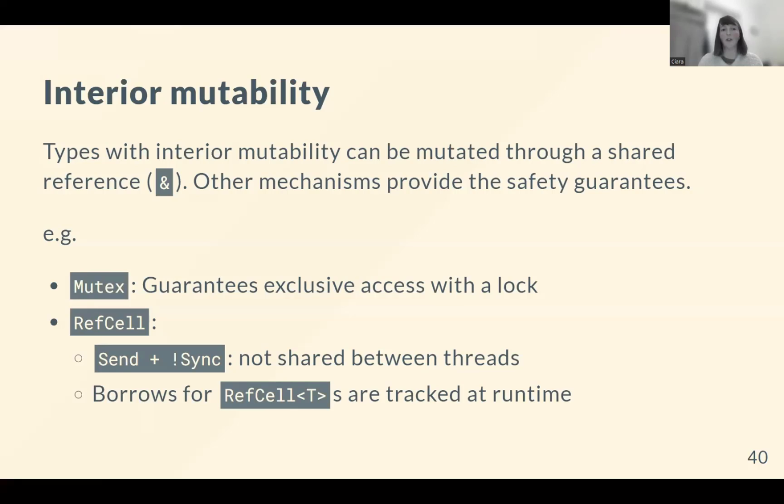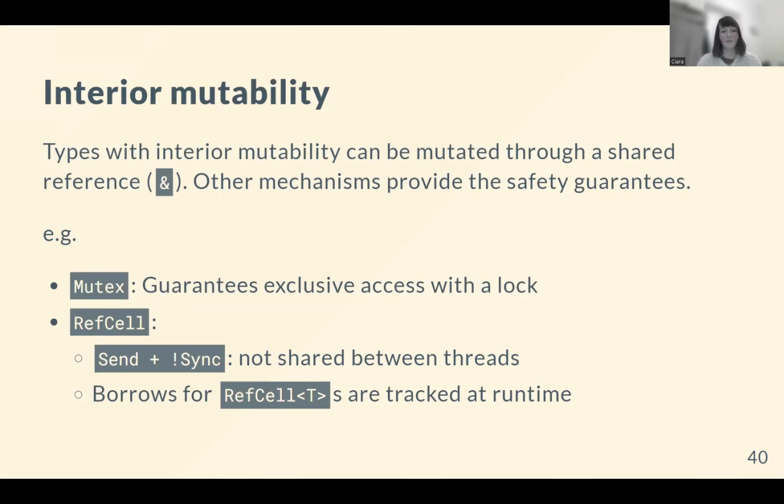In order for that to work, you only have interior mutability on types that provide other mechanisms for giving the safety guarantees that we need to ensure that our program is fully memory safe. One example is a mutex. If we have a reference to a mutex, the mutex is going to guarantee exclusive access with a lock. So if ever I try and modify the data, I'm going to have to lock it. Therefore, I can guarantee that at that point, when I'm modifying the data, I must have exclusive access, which is one of the things that we need.